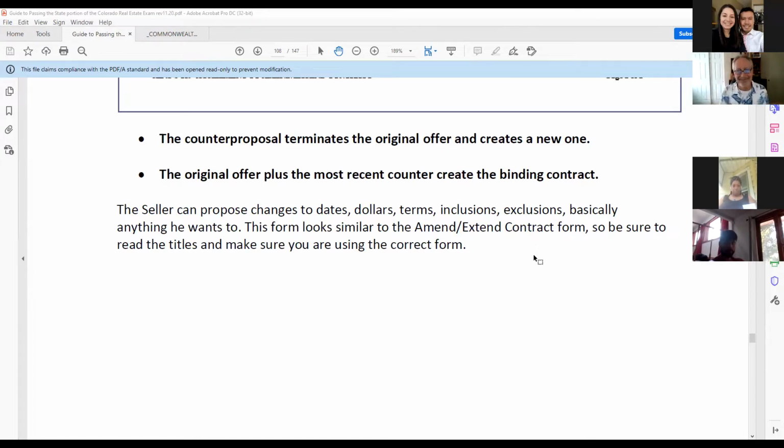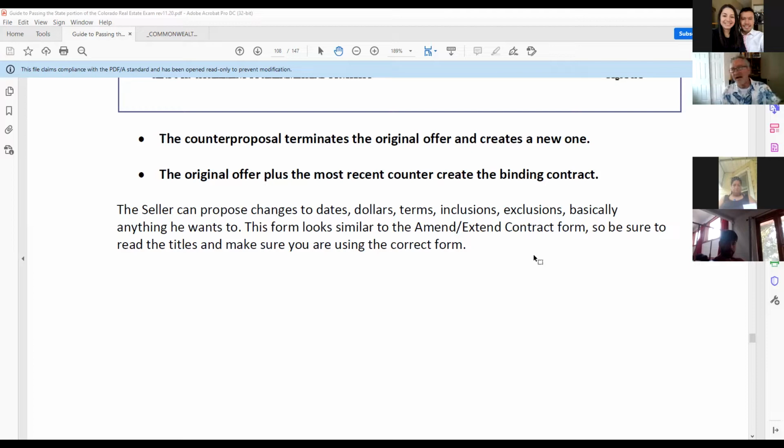No, it is not. It is the original offer and the most recent counter. That creates the binding contract. If there were things going on in the middle, and things even written in certain counters or documents, that didn't carry over to the final most recent counter, for example, there were discussions about a washer and dryer. Was it going?